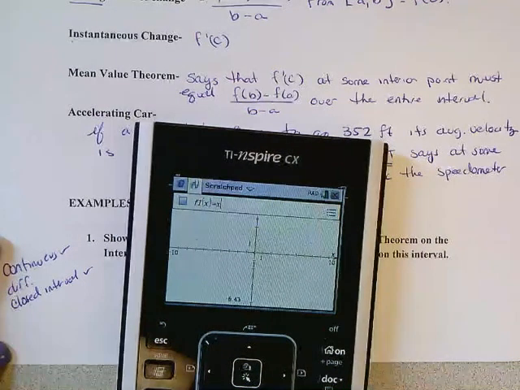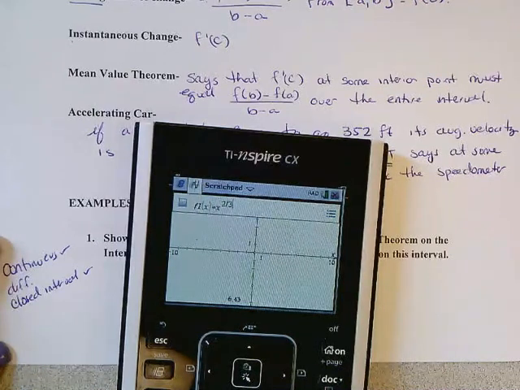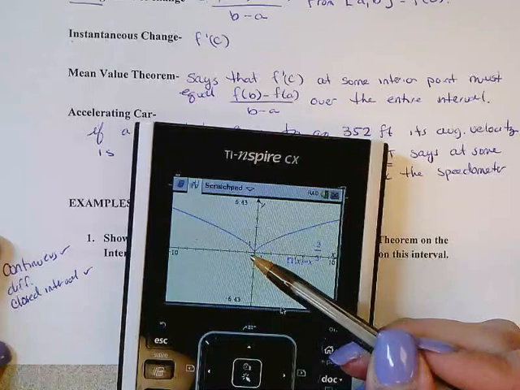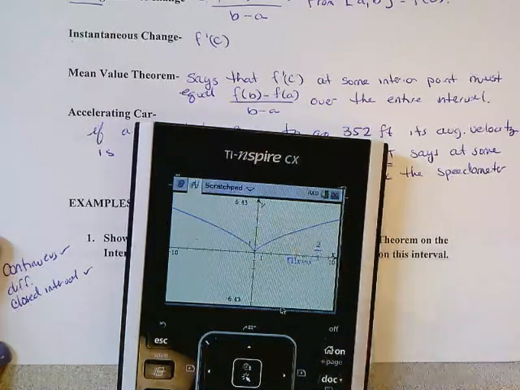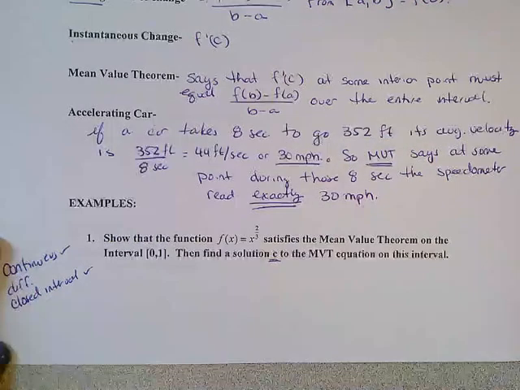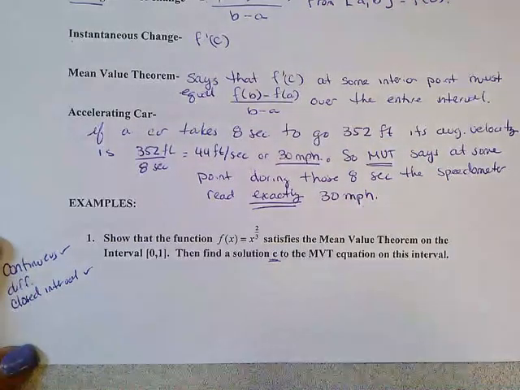So x raised to the 2 divided by 3. There it is. Remember, I just care about 0 to 1. Okay, and it doesn't have to be differentiable at 0. It just has to be differentiable in between 0 and 1. And it is differentiable and it is continuous in between the intervals.